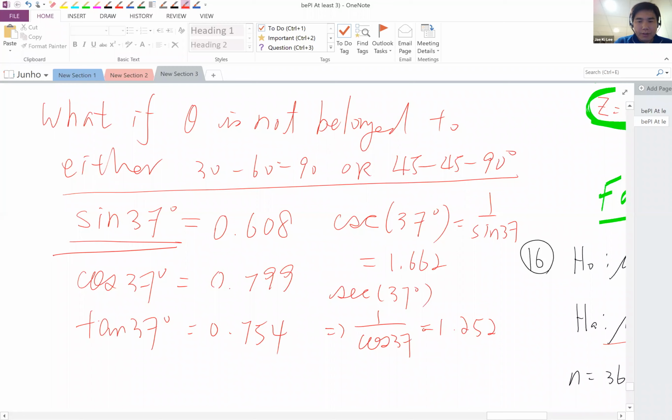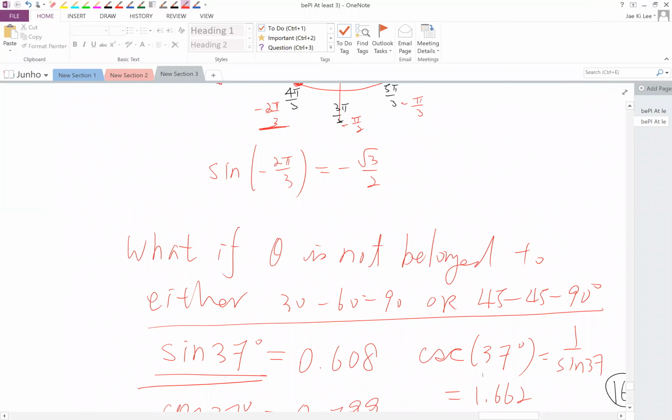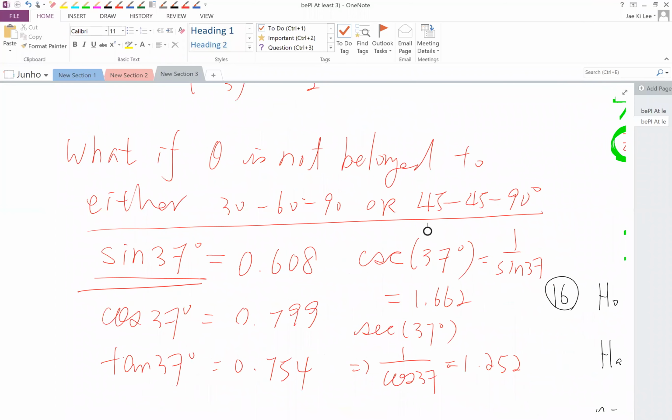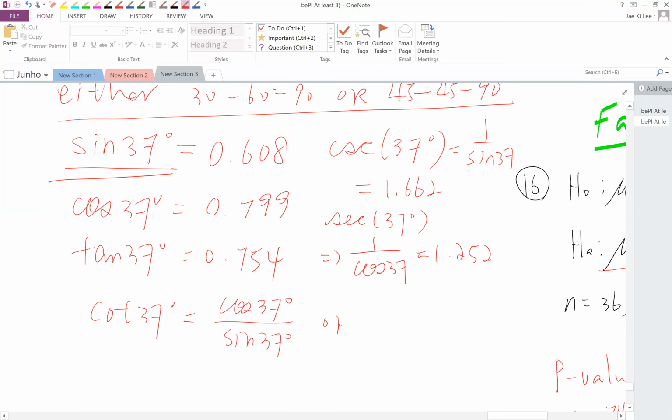And now cotangent case, you have two choices. So cotangent 37 case, you can make cosine 37 over sine 37, or you can do 1 over tangent 37.